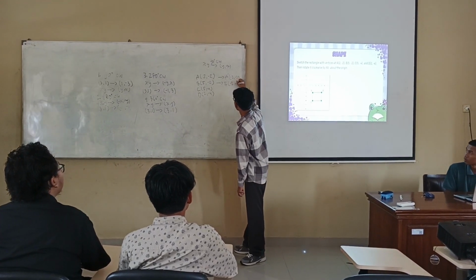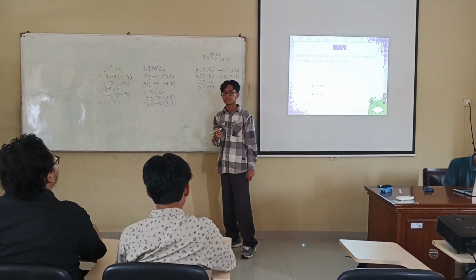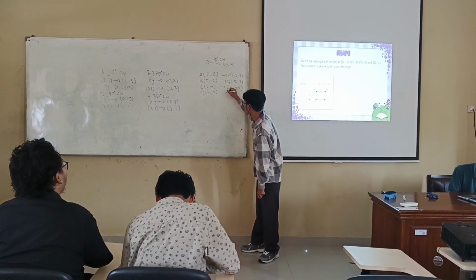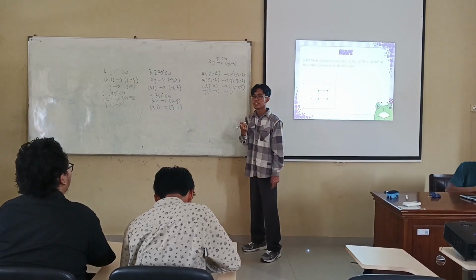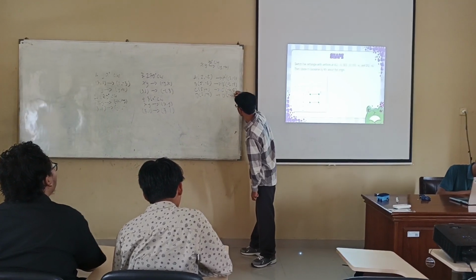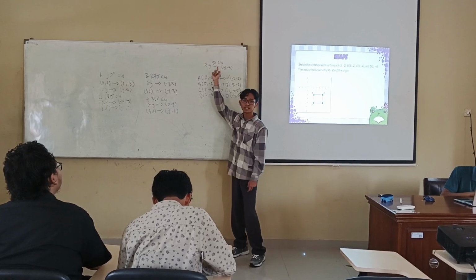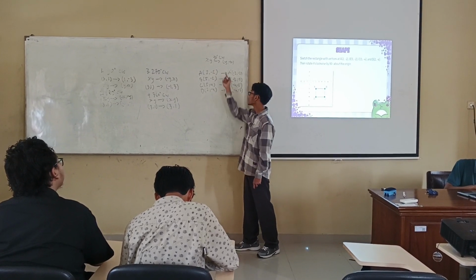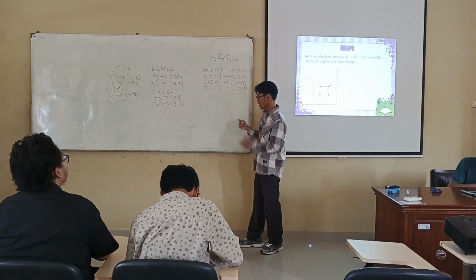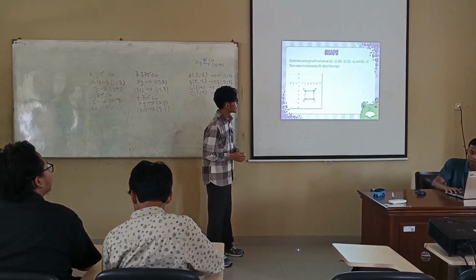And what about C prime? Negative 4 and negative 1. Good job. And last is D prime. Negative 4 and negative 2. Okay, that's good. Now after we rotate it 90 degrees clockwise, we sketch all the A prime, B prime, C prime, D prime on the coordinate plane.